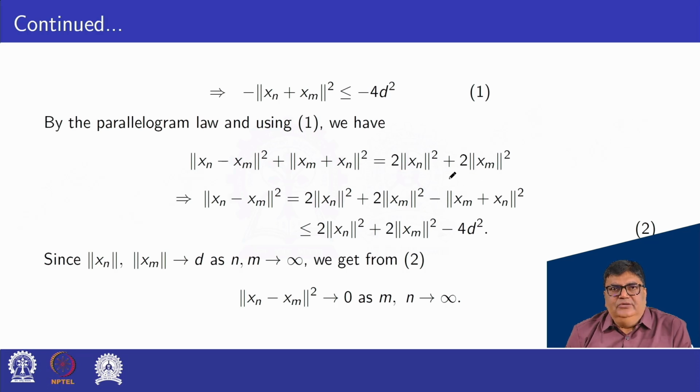So this value is minus 4d squared. So norm (x_n minus x_m) squared is less or equal to 2 norm x_n squared plus 2 norm x_m squared minus 4d squared. Equation 2.